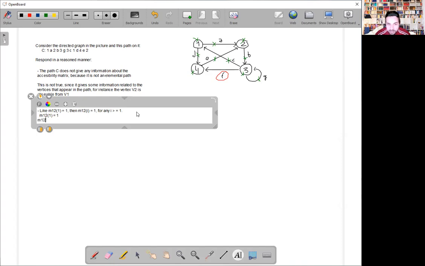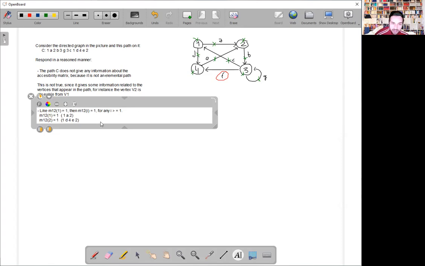For the accessibility matrix of order 2, the position 1, 2 is 1, because I can go from 1 to 4 and then to 2. And for order 1, I can go from 1 to 2.